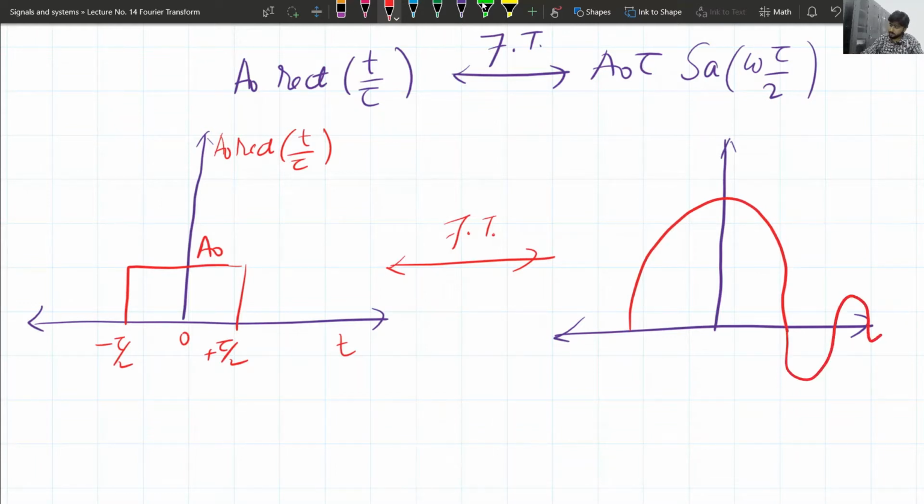Let me draw a rough notation. As you can see, this is an even function, and its height will be A naught times tau.